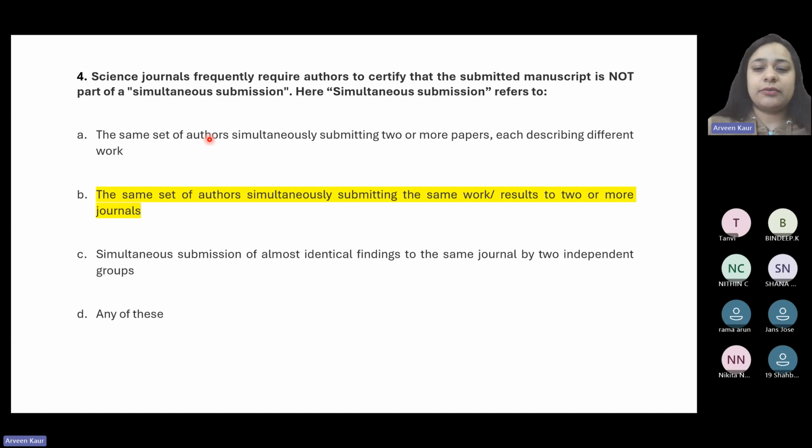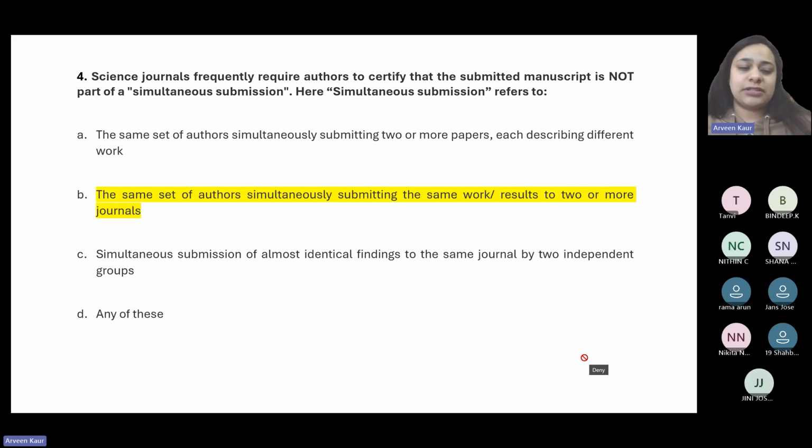So if both the works have been done and within a span of 1 month we want to submit both the works to a journal, it is possible that the authors for both the works are overlapping, right? But since these are two different studies, they are not referred to as simultaneous submission, right?